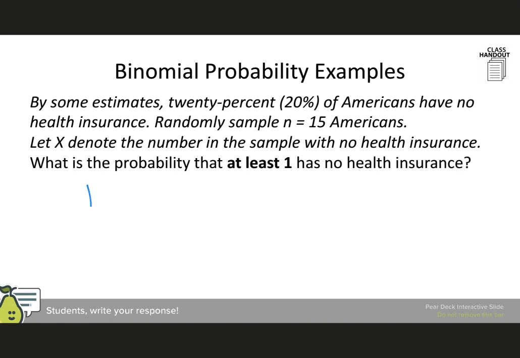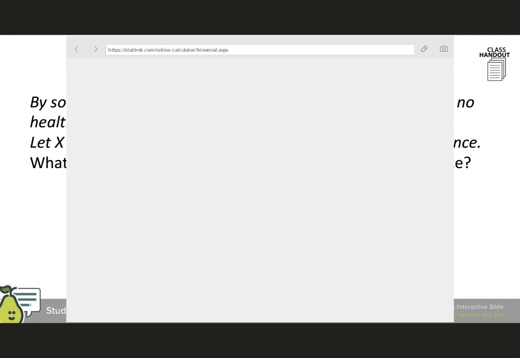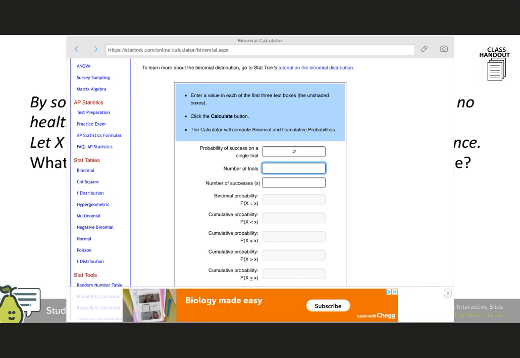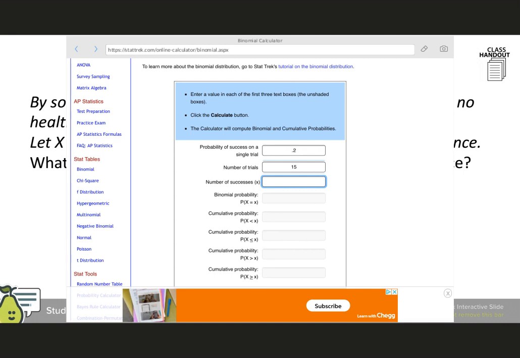At least 1, at least is greater than or equal to. So 0.2, 15, and we're looking for at least 1.